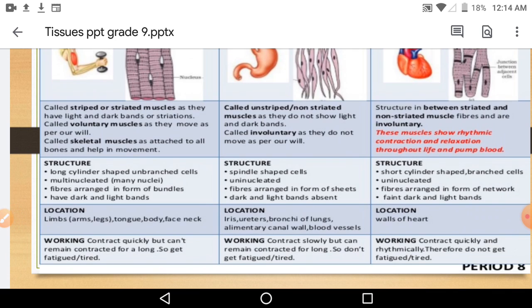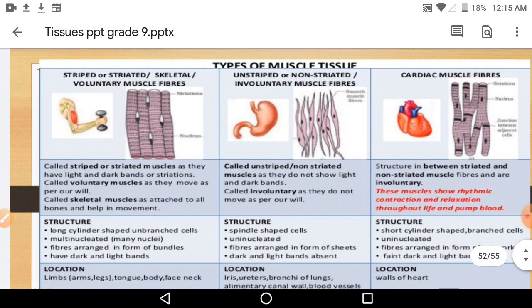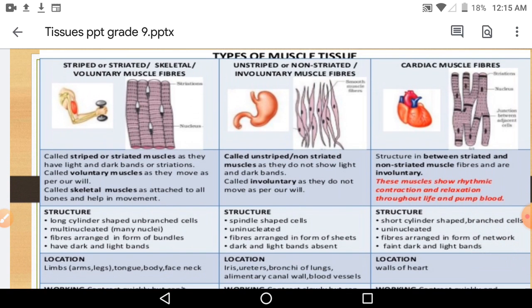Working: striated muscles contract quickly but can't remain contracted for a long time, so they get tired. Non-striated contract slowly but can remain contracted for long, so they don't get tired. Cardiac muscles contract quickly and rhythmically, therefore do not get tired. So this is the working of all three types of muscles: voluntary muscle, involuntary muscle and cardiac muscle.